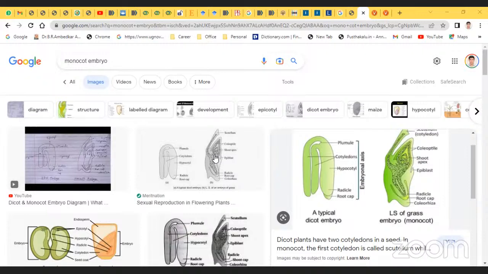So today's class is regarding this. What about the ruminate endosperms? Ruminate endosperm is also very important. Another one is the mosaic, and also the aleurone layer. So what are the main functions of endosperms? To provide nutrition. The endosperm is an important nutrient medium for the successful development of the embryo.